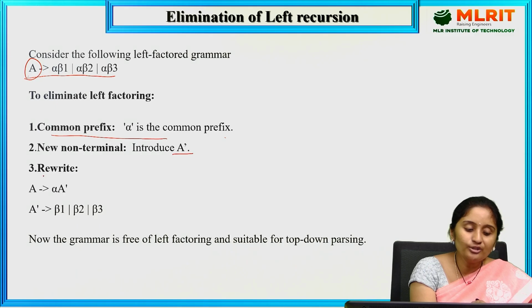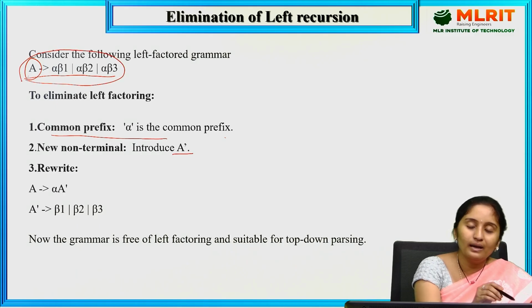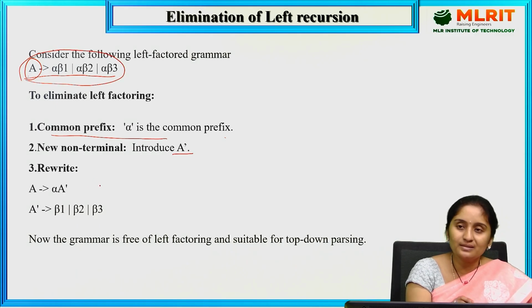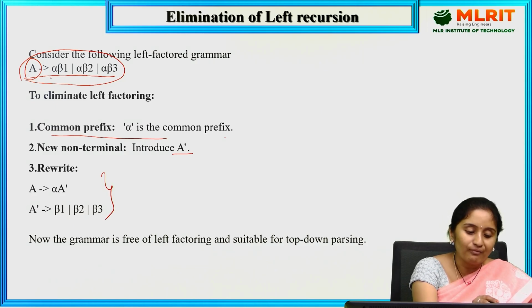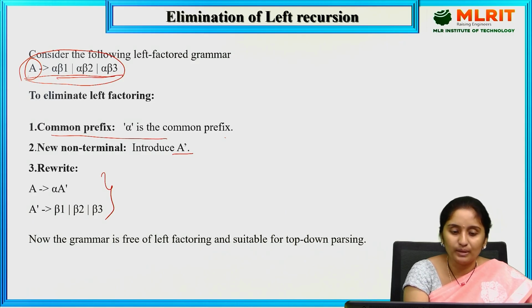We rewrite the given production rule by applying new production rules, and we get the new grammar. A produces alpha A dash, and A dash produces beta 1, beta 2 and beta 3.